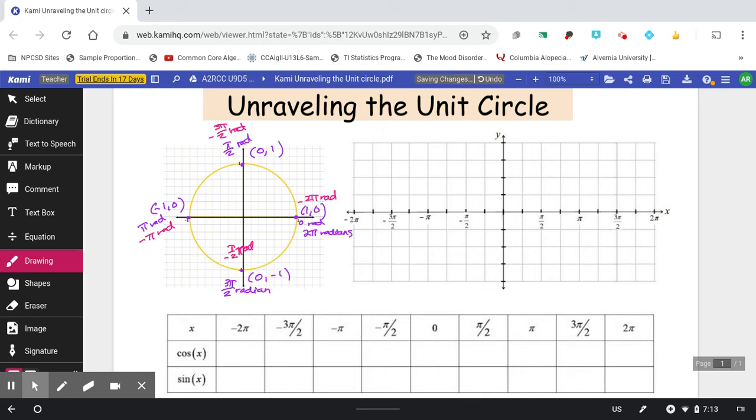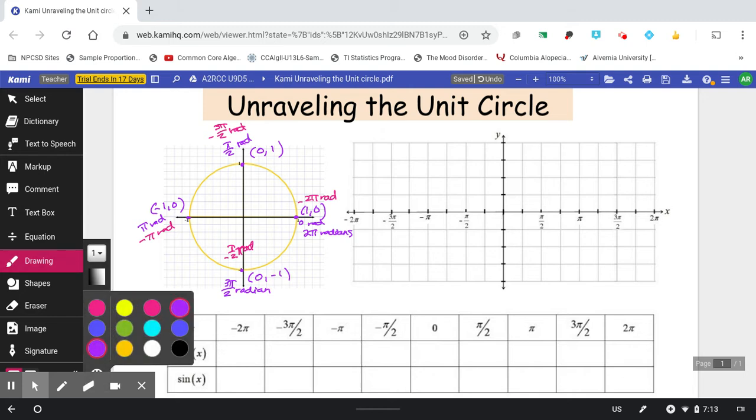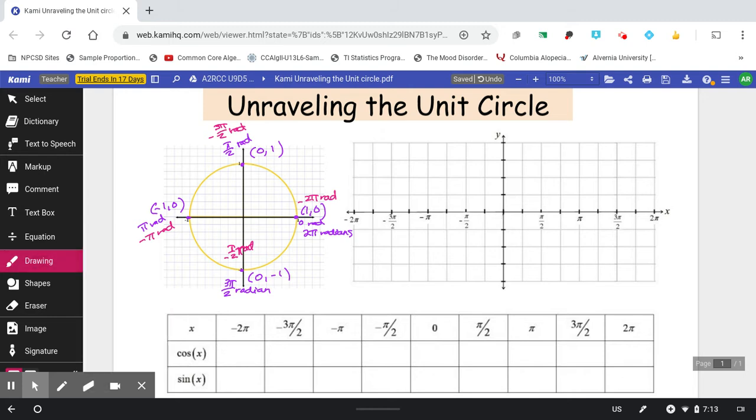Now remember, the x and y coordinate on the unit circle represent the cosine and the sine. Okay, so let's start with the cosine. I'm going to box all the x values. So if I'm going to look at the cosine of -2 pi, well, that's going to be 1, right?